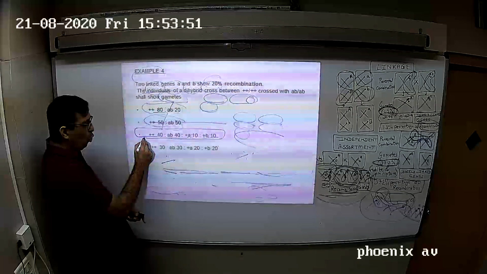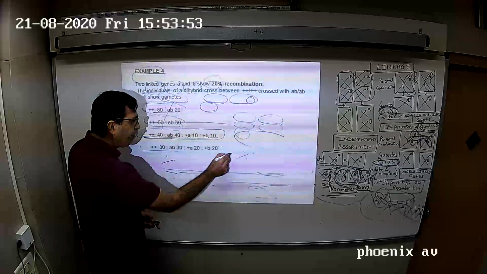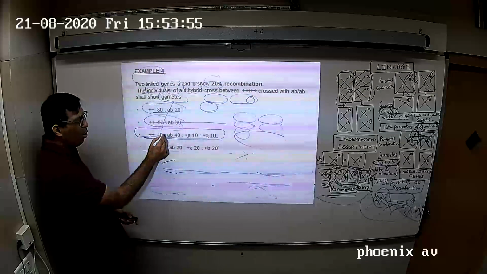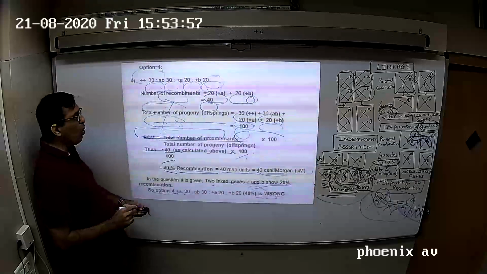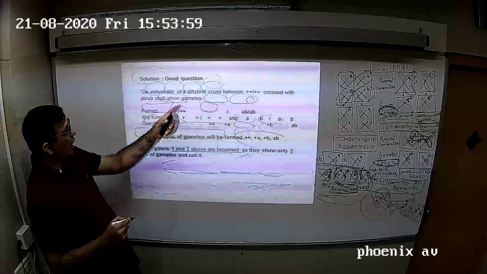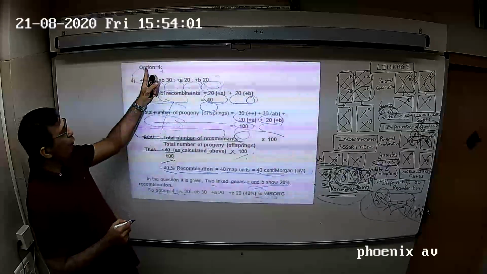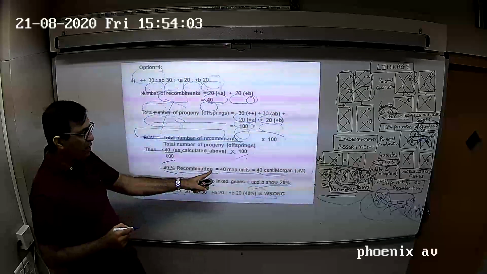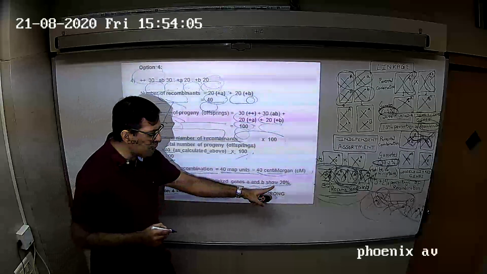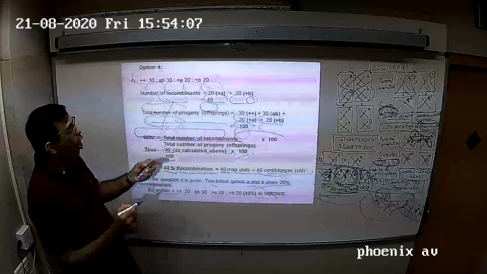Then options 3 and 4 have all four gametes. But the percentage recombination of the fourth option is 40% and between A and B it is 20%, तो वो wrong हो गया.